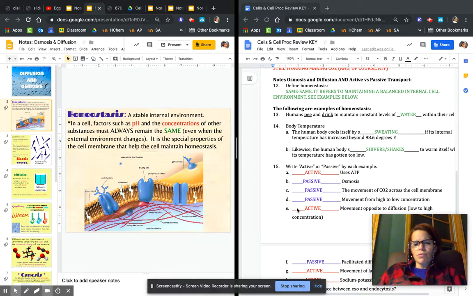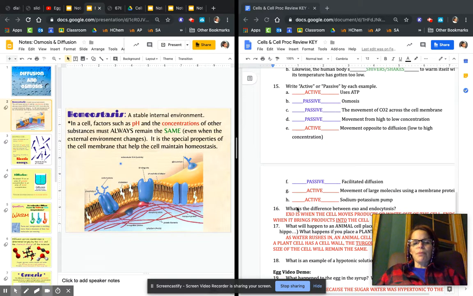Examples of maintaining homeostasis are things like water, making sure that your amounts of water are even so that you pee and you drink so that water always stays the same, or your body temperature, sweating or shivering to stay warm, or sweating to stay cool, are causing your body to maintain that constant 98.6 temperature.